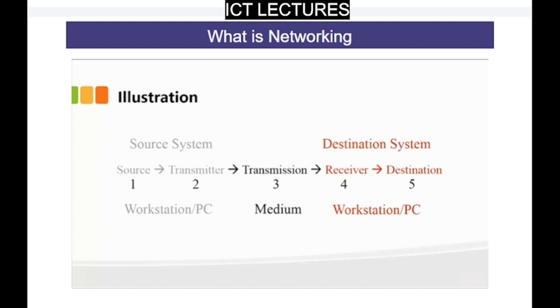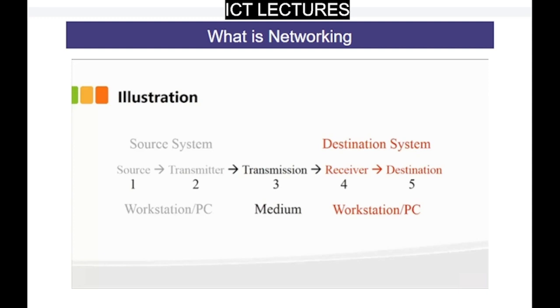So the transmitter, which is step 2 in this illustration, and then 4, which is the receiver, are essentially the same. You have a network interface card on computer A, and then you have a network interface card on computer B. Both of these are basically acting as a transmitter from the source system, and then the receiver at the destination system.